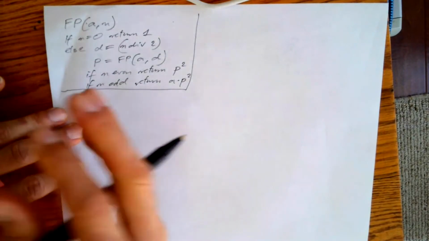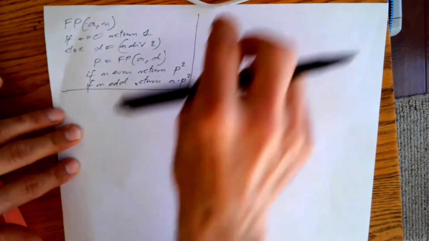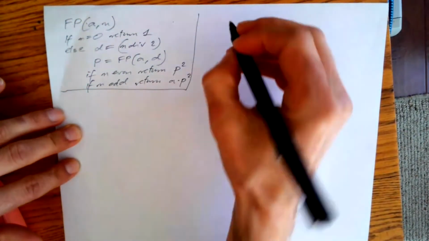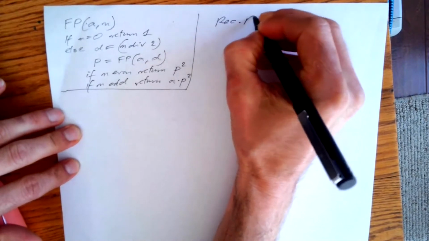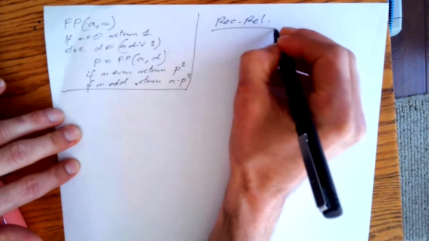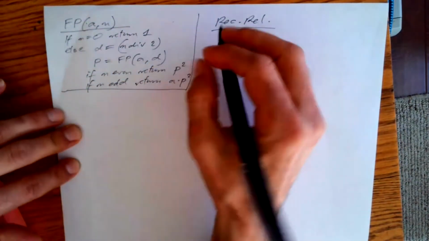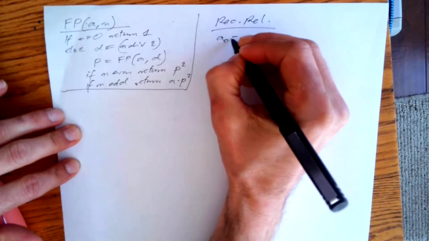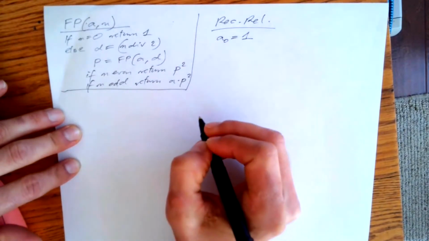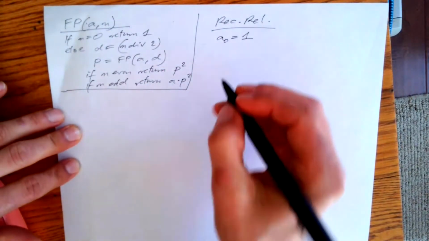Okay, what about the running time? First, let's look at this as a sequence. Now the recurrence relation. So here is the recursive algorithm, and here is the corresponding recurrence relation. The first element of the relation is this, and then there is the recursive part.